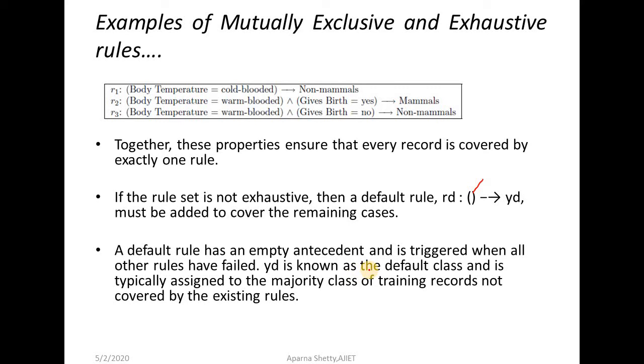YD is known as the default class and is typically assigned to the majority class of training records not covered by the existing rules. So, YD should refer to the majority of the classes that are not being covered by the existing rules.